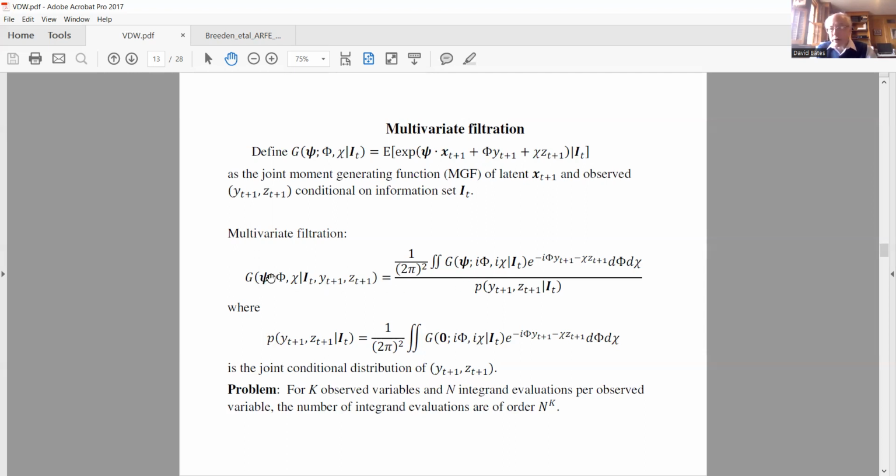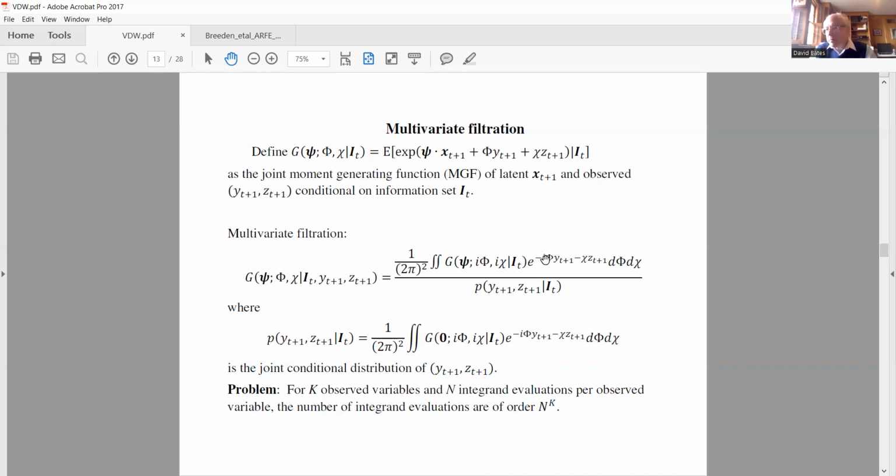What I'm doing here is updating joint moment generating functions. Sorry, I should have eliminated the phi and psi terms here, so there's an error there. We're only interested in the moment generating function of x, and then this is the updating procedure.